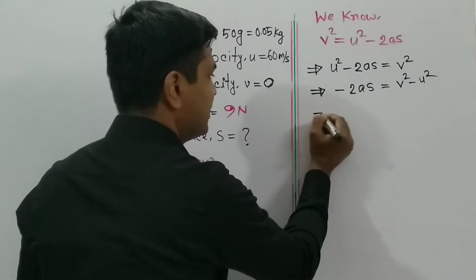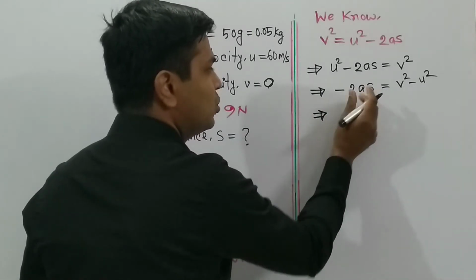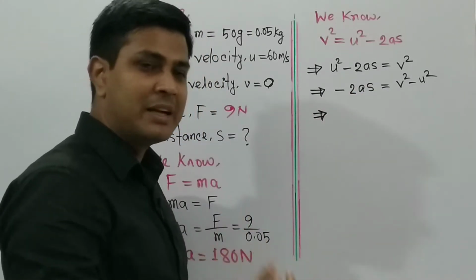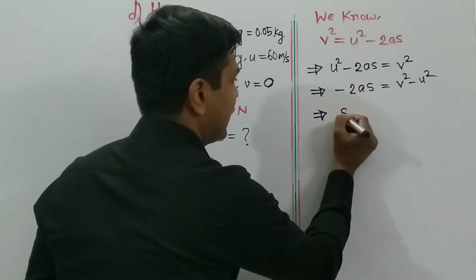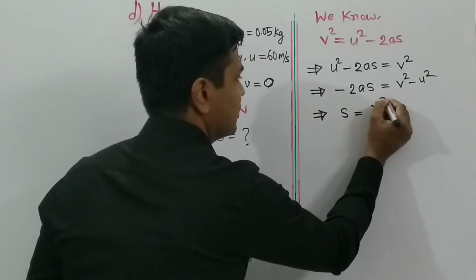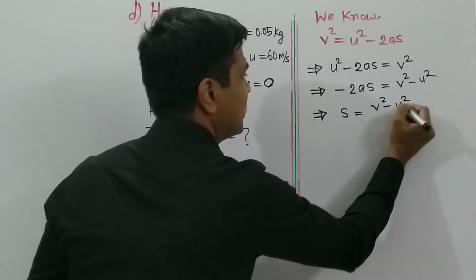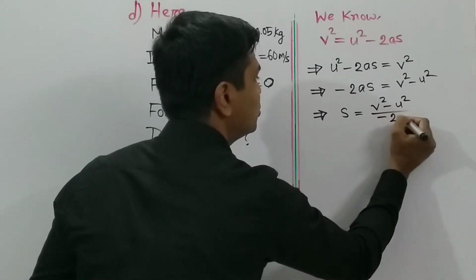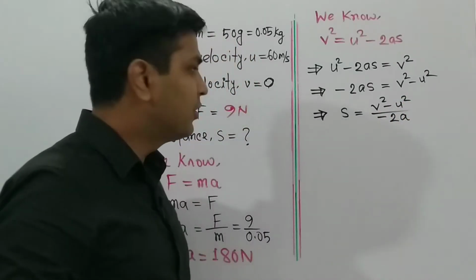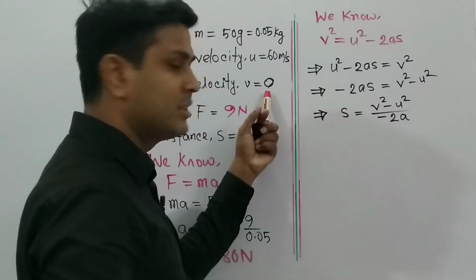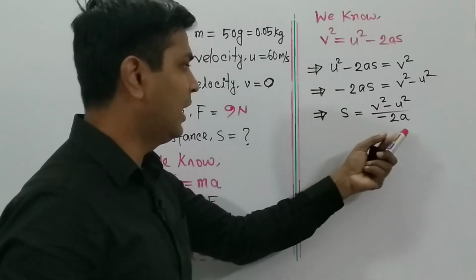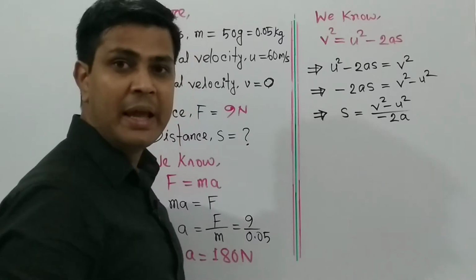Now if we change the position of 2a from left side to the right side, then we can write s equals v square minus u square divided by minus 2a. Now if you put the value of v, which is 0, u is 60 and a is 180.